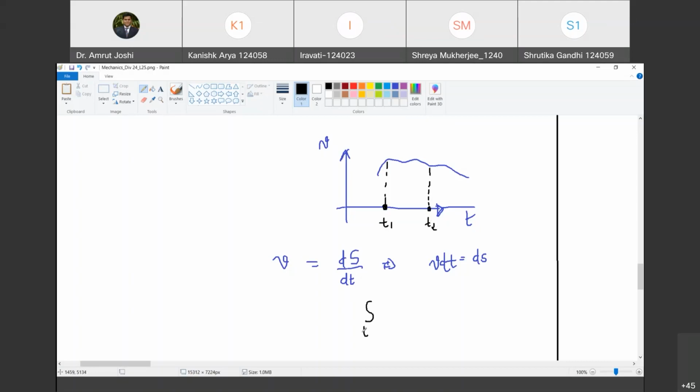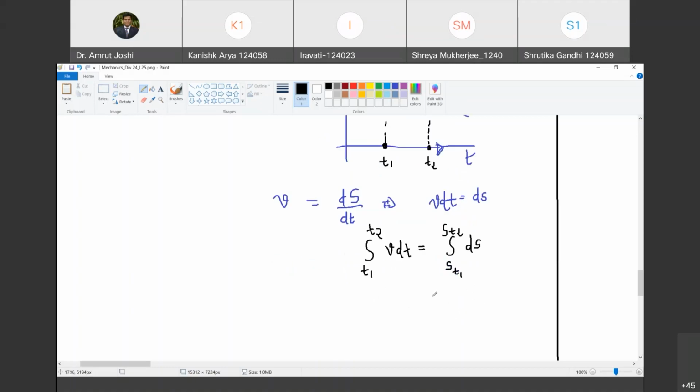Integration of the left hand side from t1 to t2 of v dt is equal to integration of the right hand side from position at time t1 to position at time t2. Do you agree with me? What is the integration of the right hand side? s.